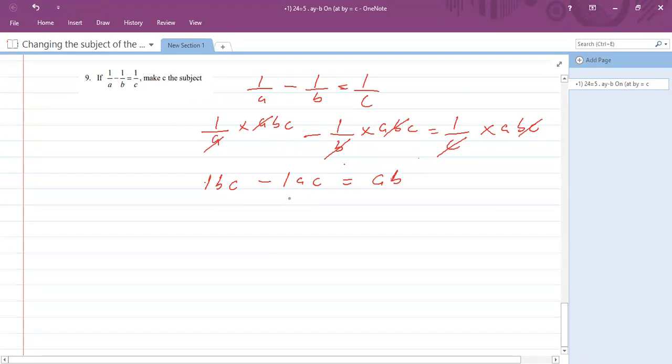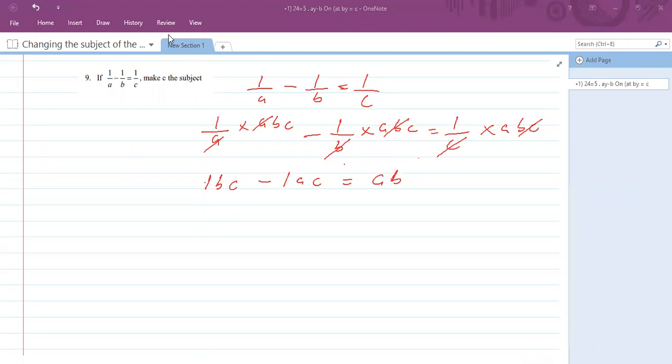You are going to look for the common factor. All right, we look for the common factor. What's the common factor here?